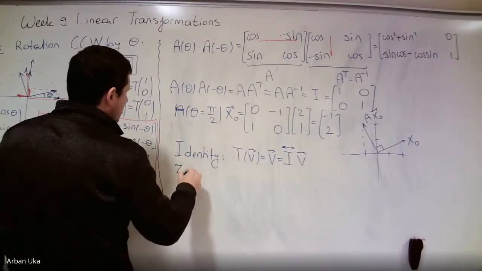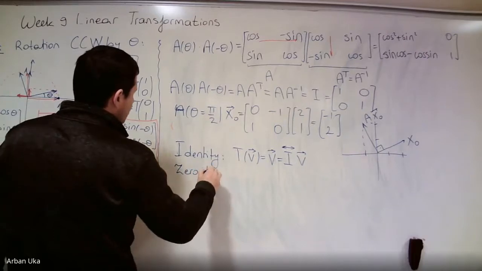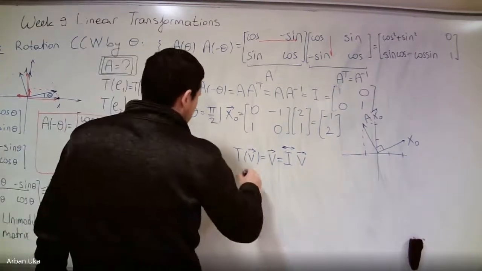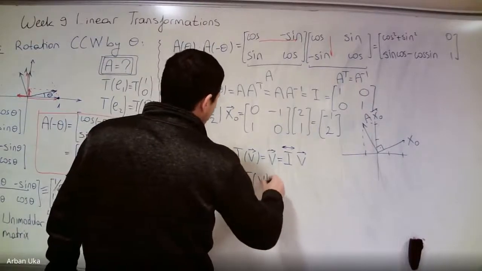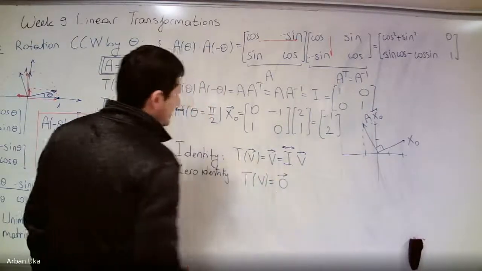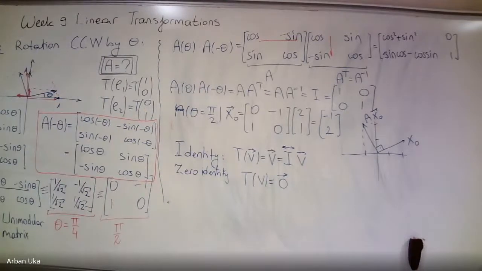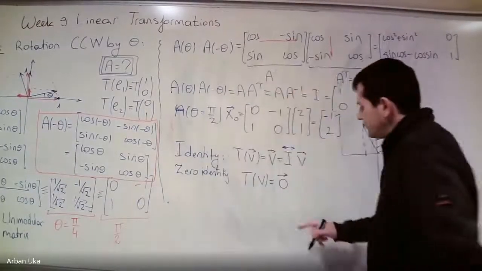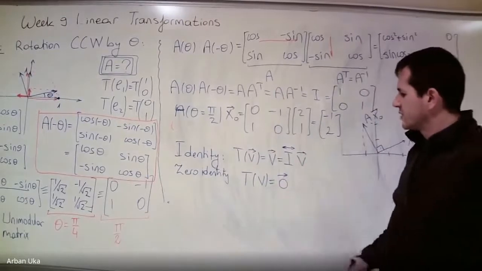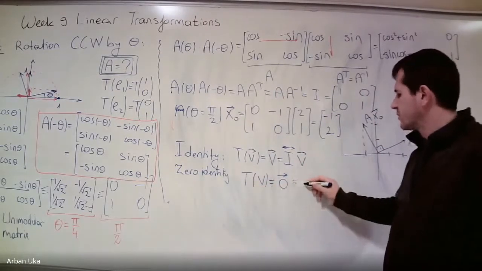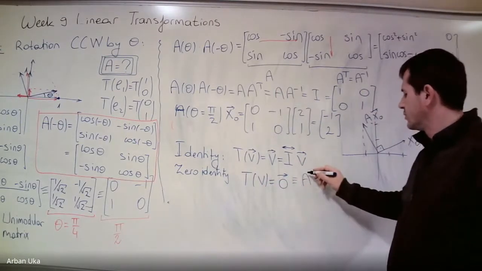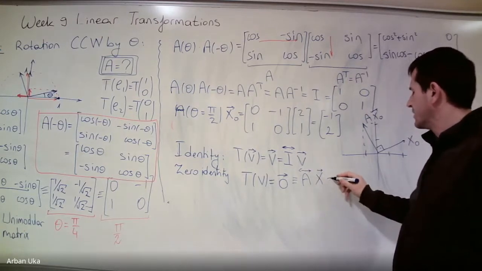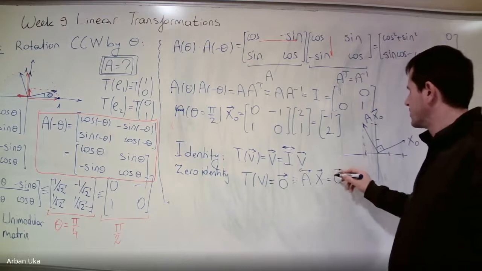We can also have the zero transformation, where T times v would be equal to the zero vector. Which means that the matrix representation of this T times any vector x would be equal to 0.